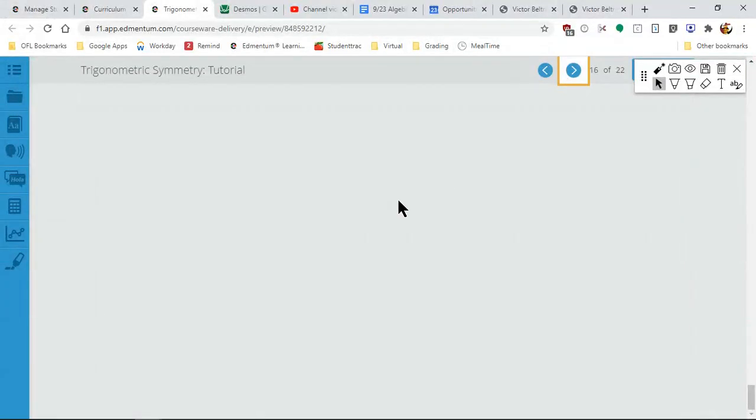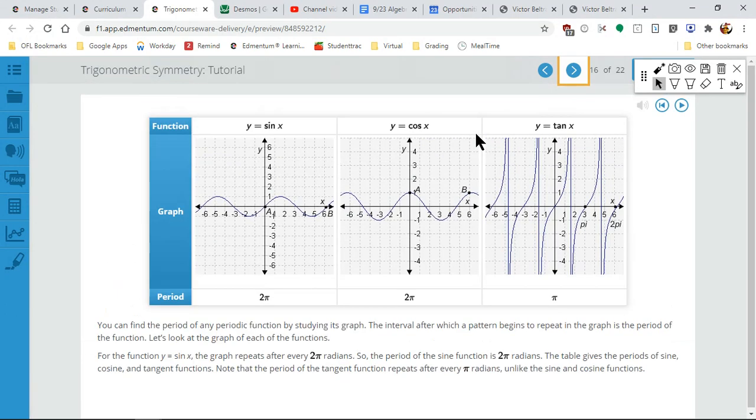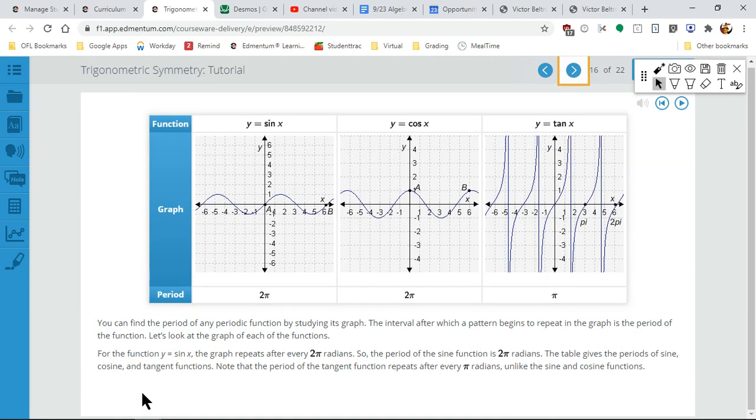All right, so here they're going to teach us, since I scroll up, I don't know why, for some reason my pen thingy always moves it down. So here we're learning about our periods. So our periods for our regular functions are normally 2 pi. Tangent's a little different. And the reason why it's different is because of the critical points.